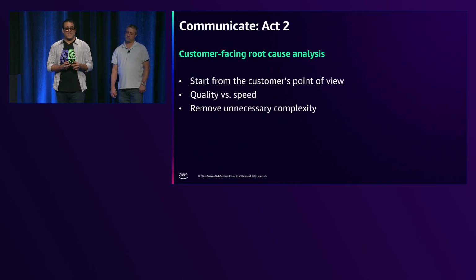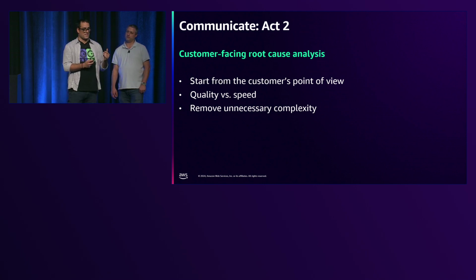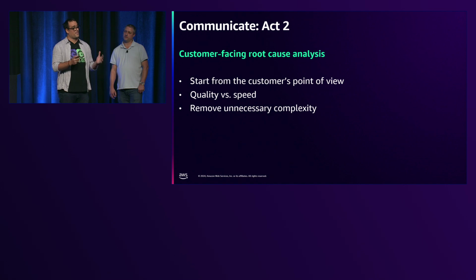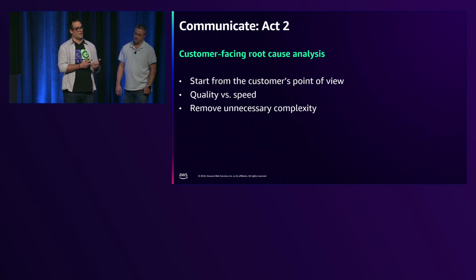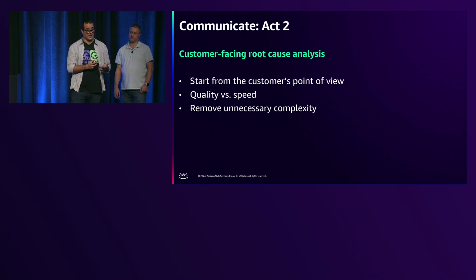We make an active effort of removing unnecessary complexity. As you can probably imagine, AWS is an extremely deep layered group of dependencies. But we don't want to just throw this complexity at customers. We try to abstract where possible without impacting the storyline, without impacting the customer needs for understanding what happened.